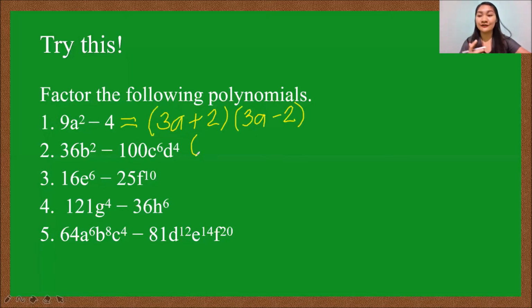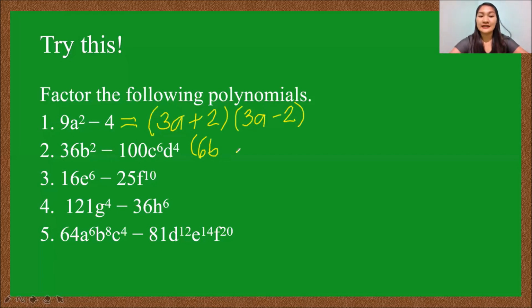Next, let's have number 2. What is the square root of 36b squared? So the square root of 36b squared is 6b. And what is the square root of 100c raised to 6 d raised to 4?